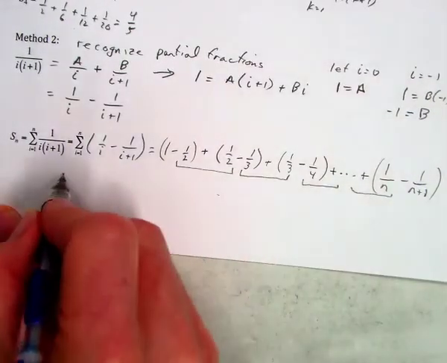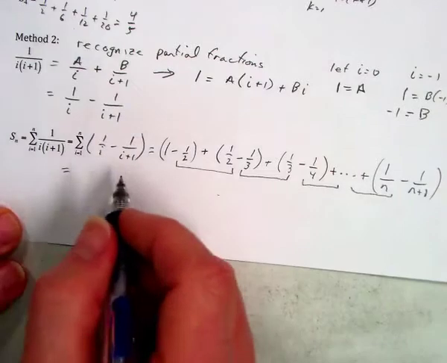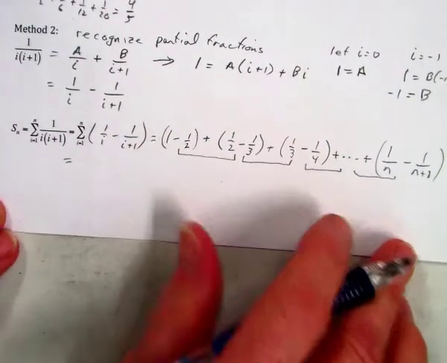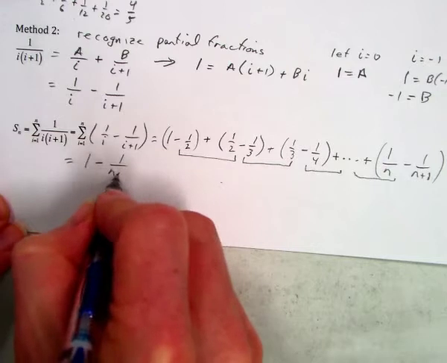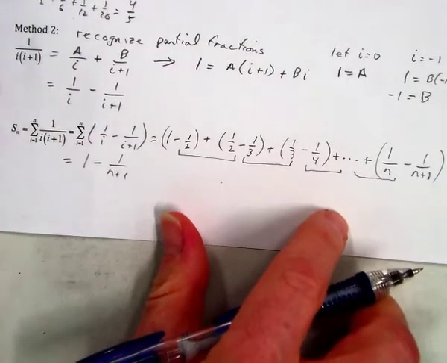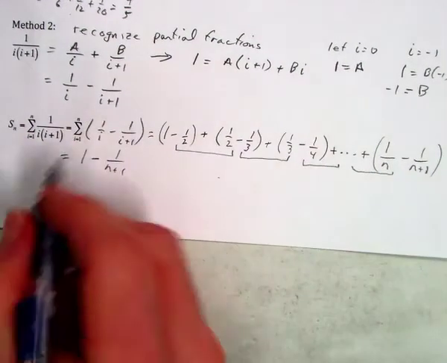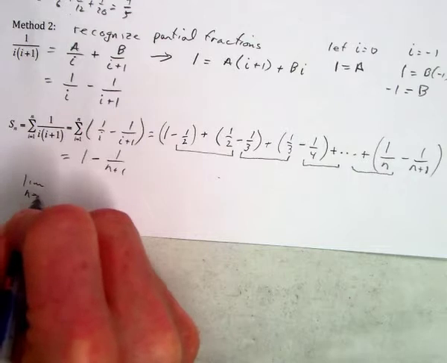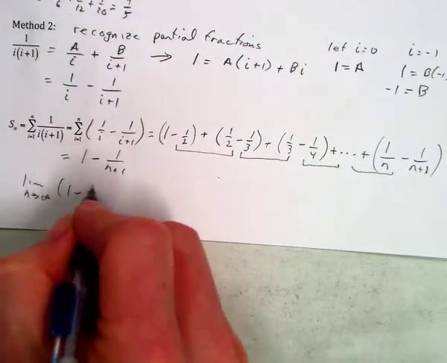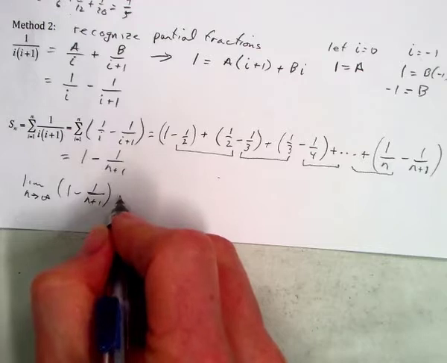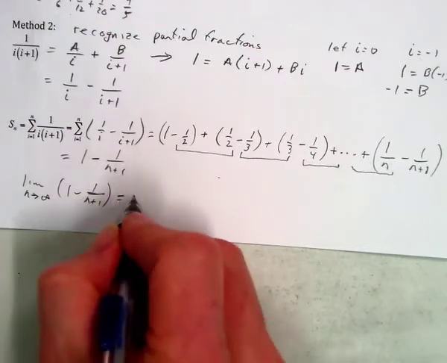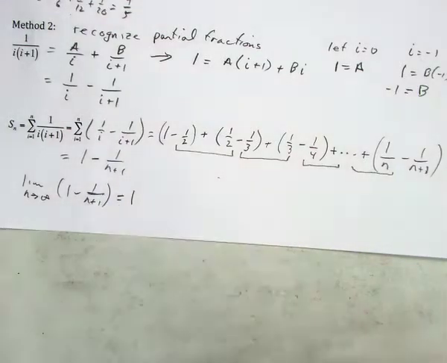So all of these middle terms are going to go away, and we're going to be left with 1 minus 1 over n plus 1. Now if we find the limit as n goes to infinity of this, remember to put your parentheses on it. This term's going to go to 0, so we get 1.